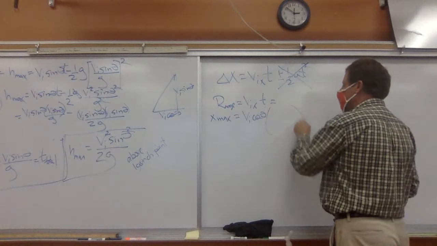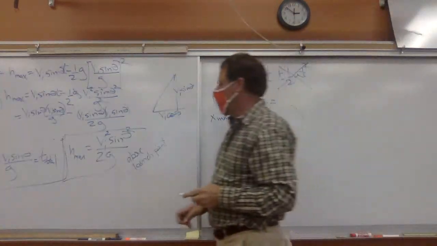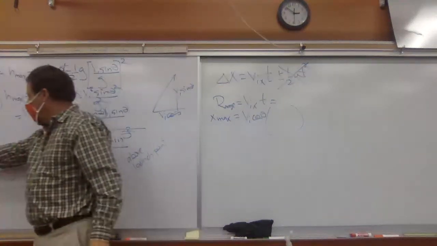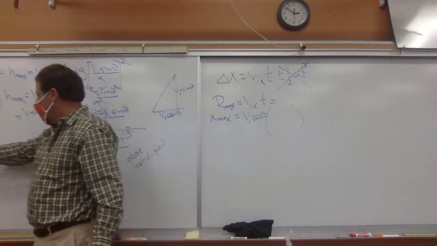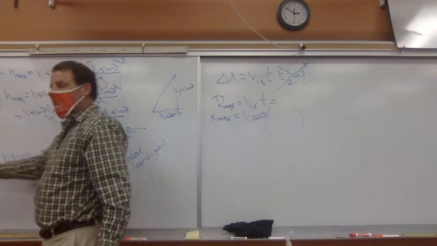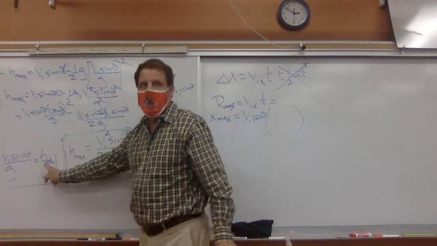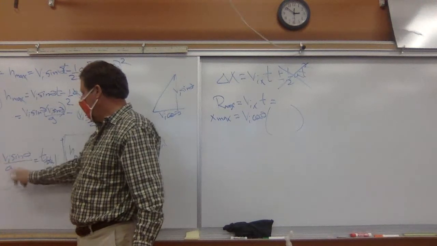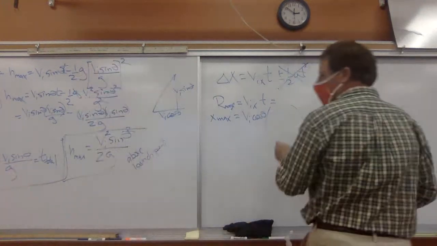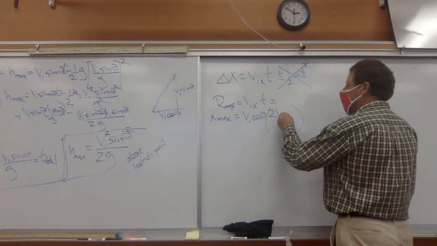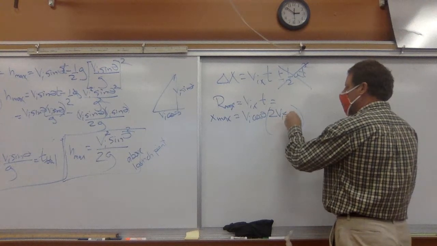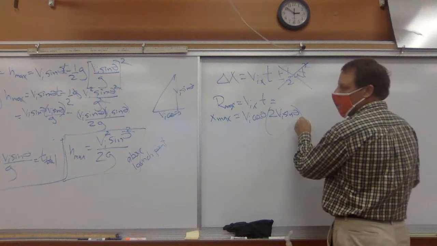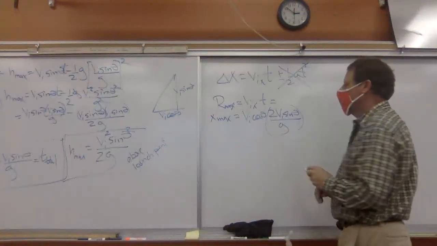And our time, now remember, our time to get to the top is Vi sine theta over g, but as long as it's level ground, the total time is going to be 2 Vi sine theta over g. So now we're going to plug in this 2 Vi sine theta over g.